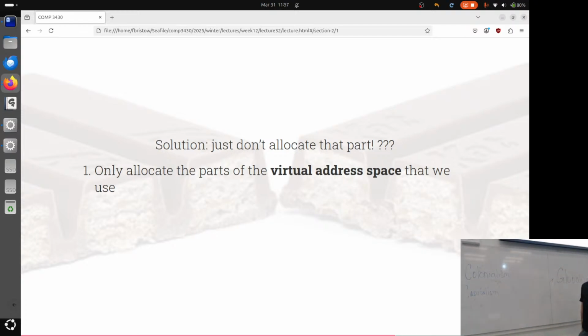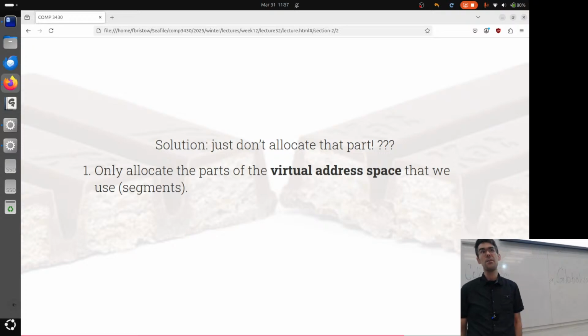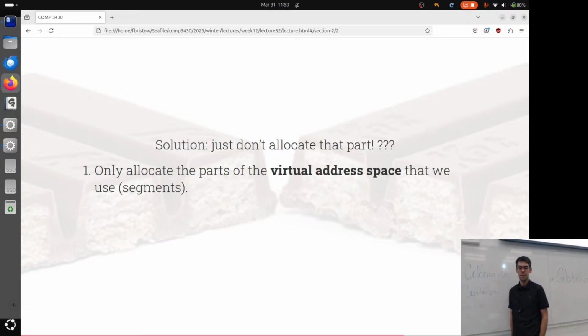And so our overall solution is going to be, rather than allocating the entire virtual address space into physical memory, let's just allocate parts of the address space in physical memory. And the parts that we're going to allocate are the parts that we are actually using in the process. And these are going to be our segments in the process.